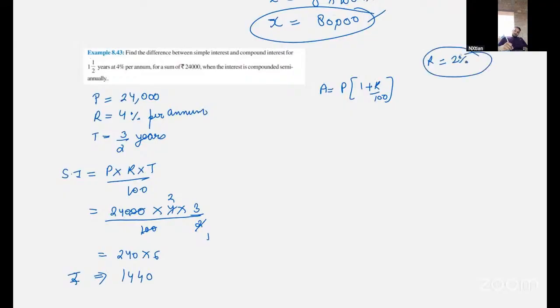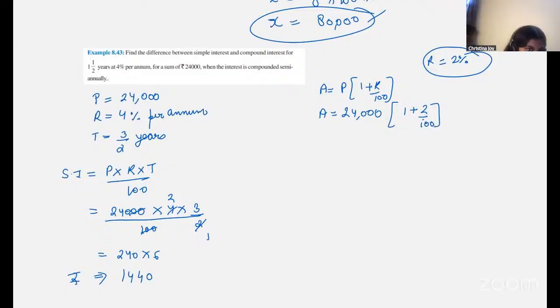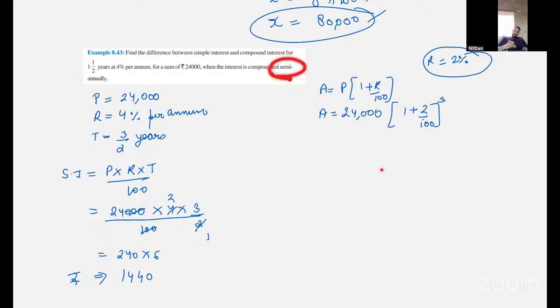So amount is equal to principal 24,000 and the rate is 2%, into what is the value of nt? Quickly tell me. 3. Why 3? Because it is compounded semi-annually and for 1.5 years. So 6 months, then 6 months, then 6 months. Did you understand, guys?